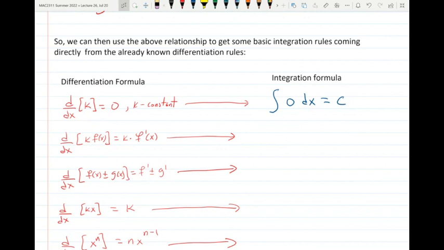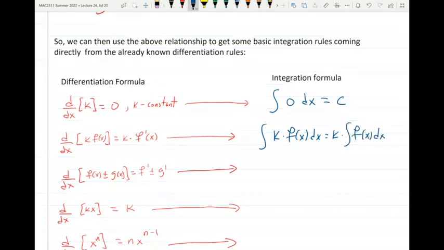So the second one says that you can take constants out of a derivative. This translates into the fact that you can also take constants out of an integral. So the integral of a constant times a function equals the constant times the integral of the function. So you can take constants out. If you want to check this property, what do you do?